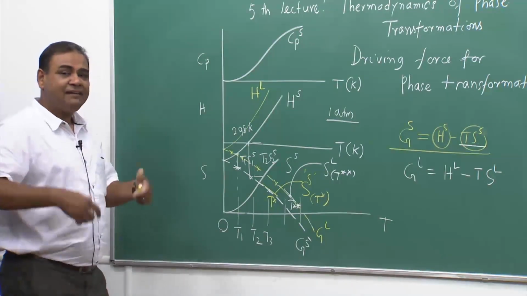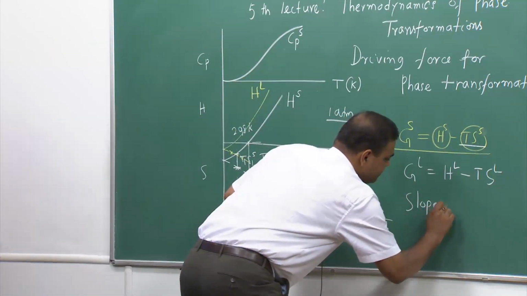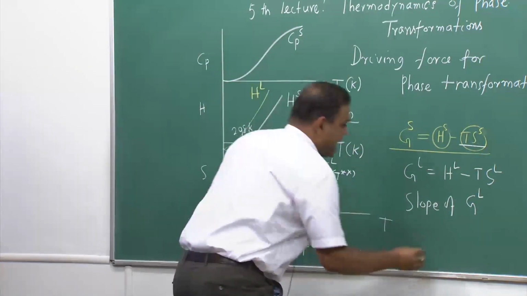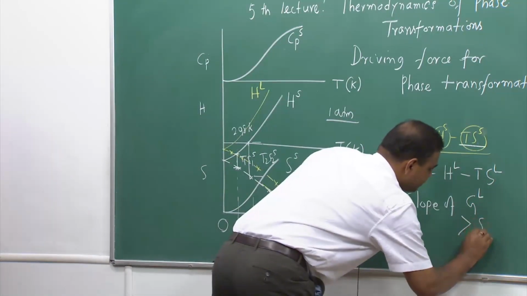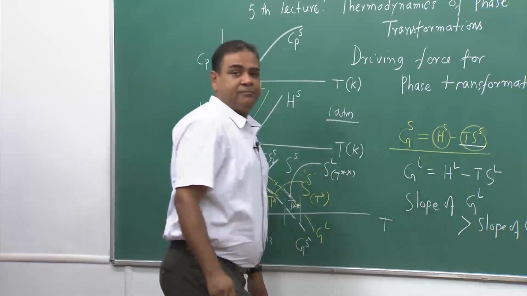So, if that is the condition, that means the slope of the GL line is greater than the slope of the GS line.